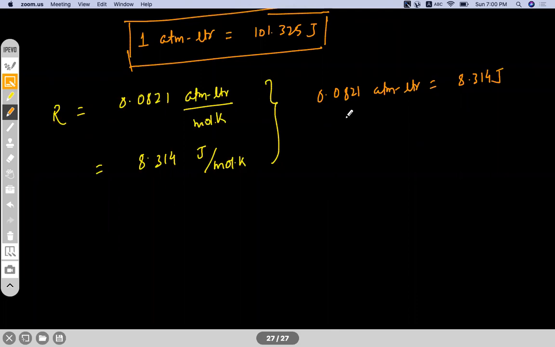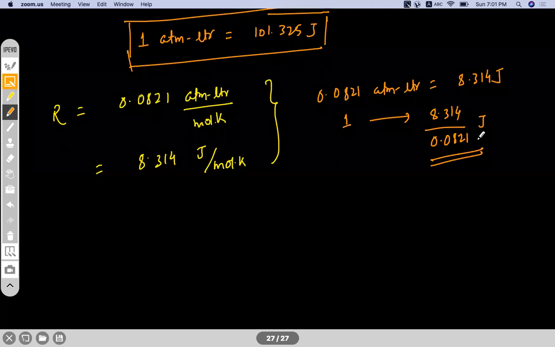Right, so from this you can always find that 1 atm liter equals 8.314 divided by 0.0821 joule. So with this expression also you can find the relation. Got it? Right, so any one relation we can keep in mind.